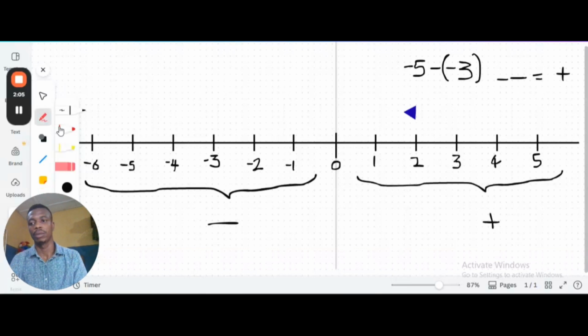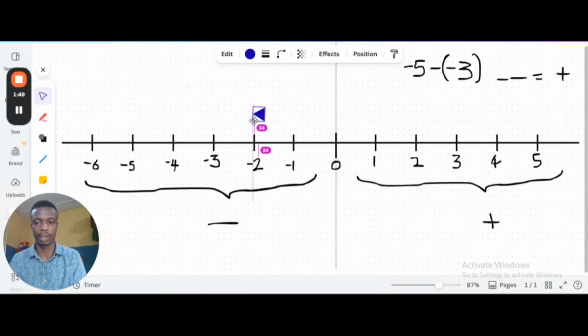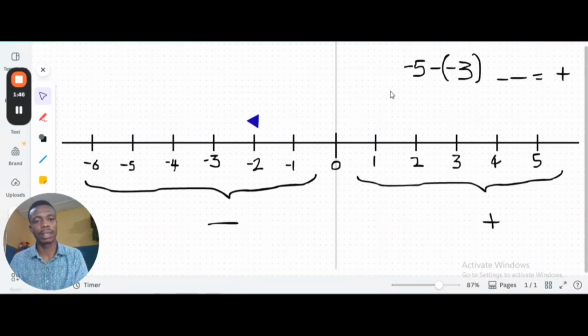Okay? Because when you turn back and go back, you go in front. When you turn in to the negative direction and you go back, you're actually going in the positive direction. So -5 -3 is the same thing as -5 plus 3, which is going to give you -2 right here.